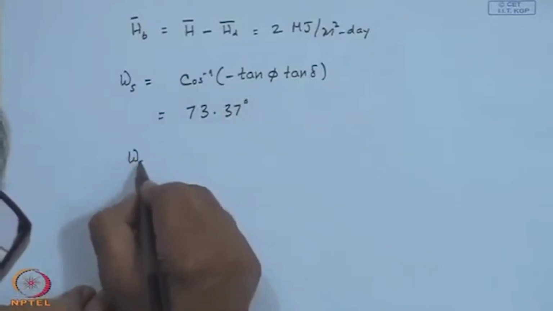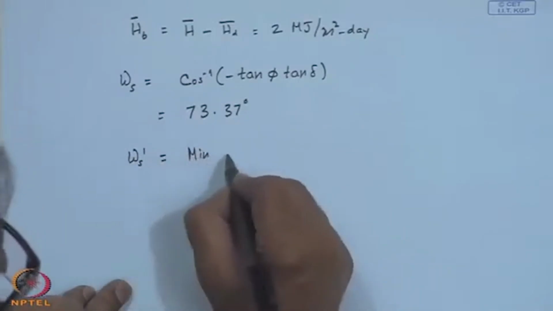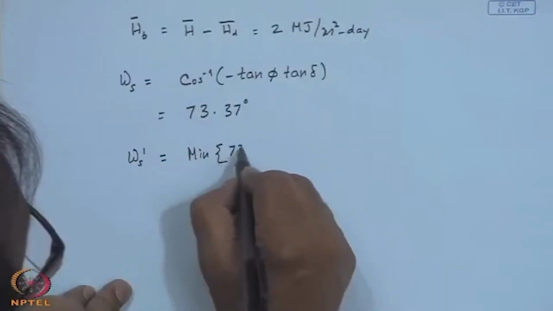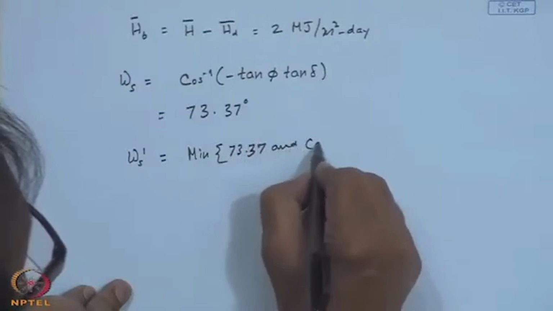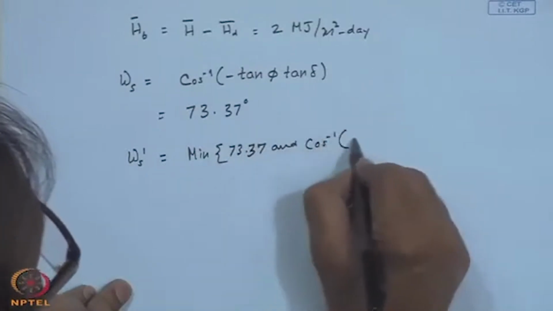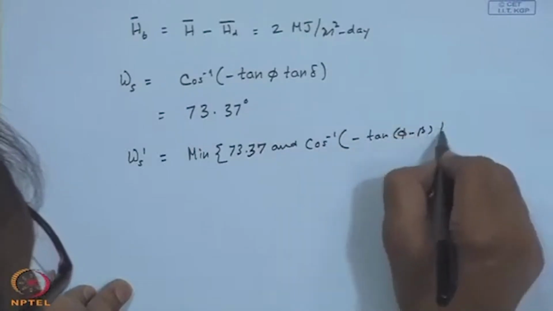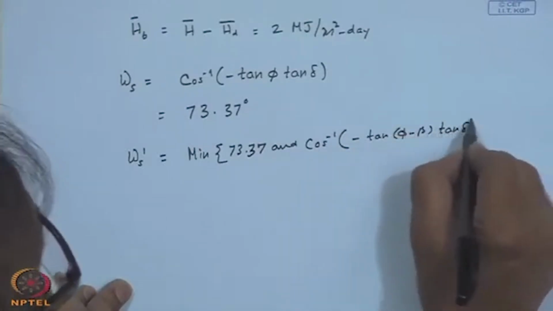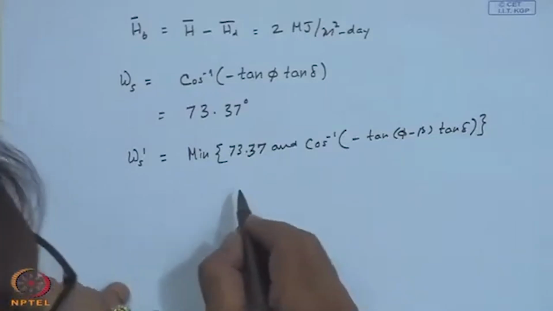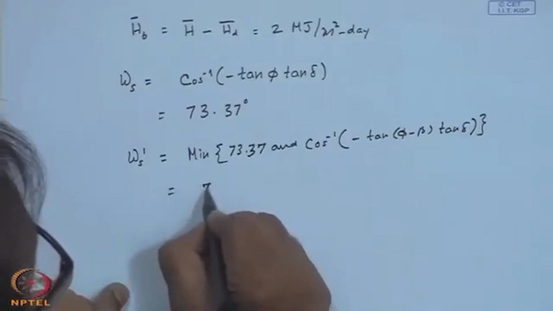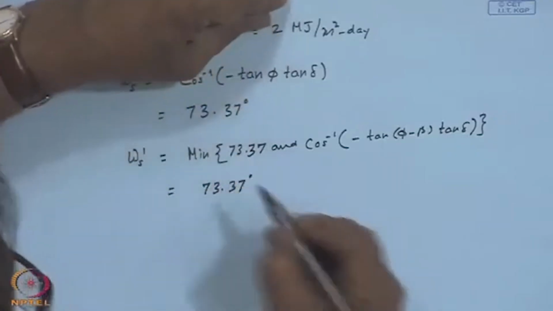And omega_s dashed for the tilted surface is the minimum of 73.37 and cosine inverse of minus tan (phi minus beta) tan delta. When delta is negative, this minimum will turn out to be 73.37 in the northern hemisphere.